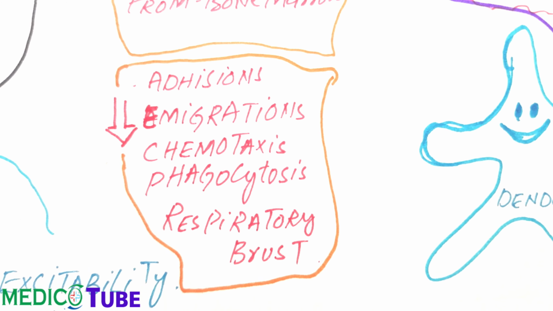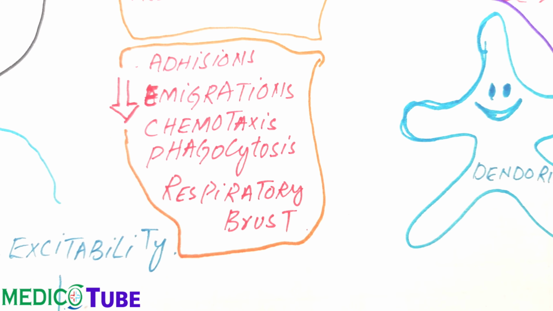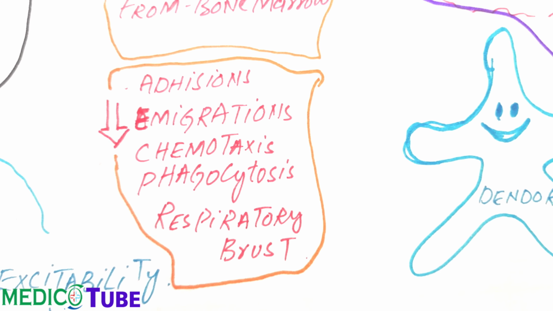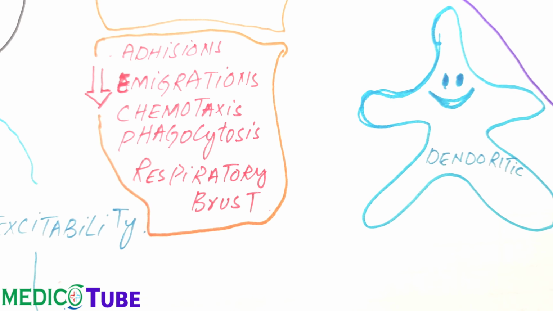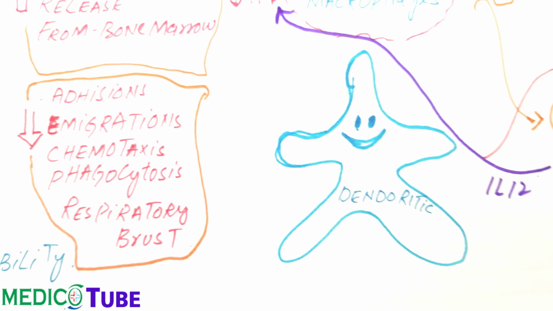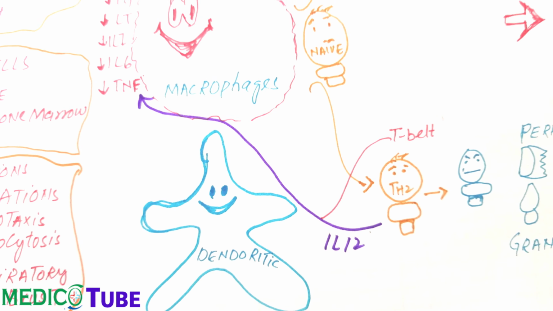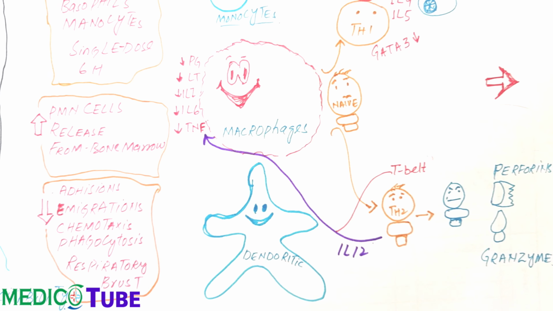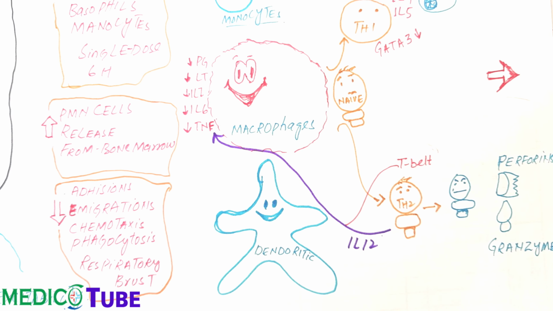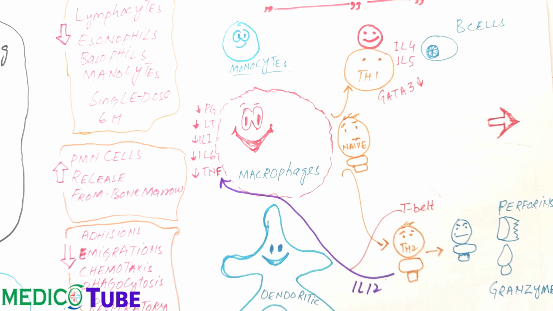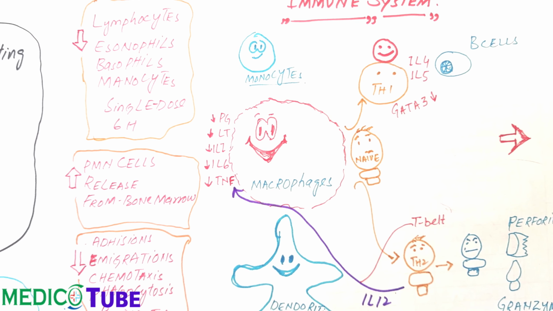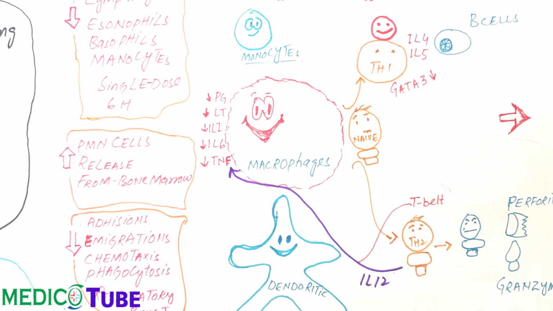It reduces the respiratory burst. Respiratory burst is when the immune system catches a pathogen and puts it into the phagolysosomes. So this is where we burn the pathogen, and it is called respiratory burst. All of these actions are reduced by steroids, so they are immunosuppressants.